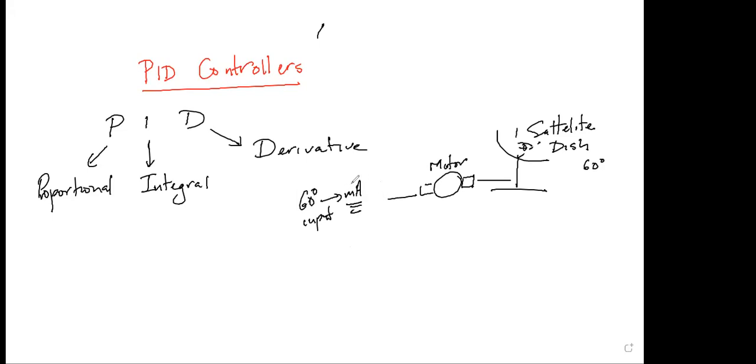But milliamps cannot run the motor. So therefore, we have to have an amplifier that's going to convert to amps, and then we're going to have a feedback.